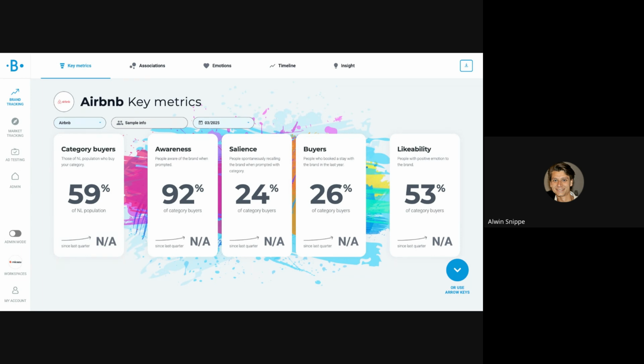You showed that there's limited or no correlation from consideration or preference or purchase intent. So you're skipping all these steps and just tracking salience and then going to buyers. Is that based on your own experience with the tool, or is it also based on a bigger group of studies? Can you explain a bit more?